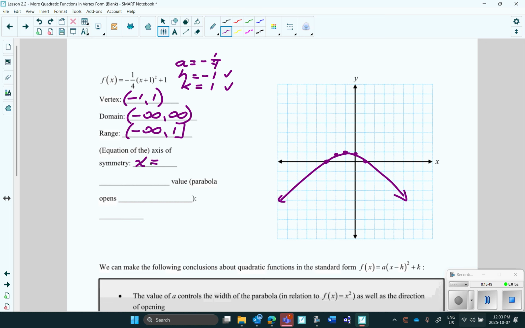X equals -1. Max or min? Max, because it opens down at y equals, good. Well done. This will take some practice, but you'll get used to it. Okay?